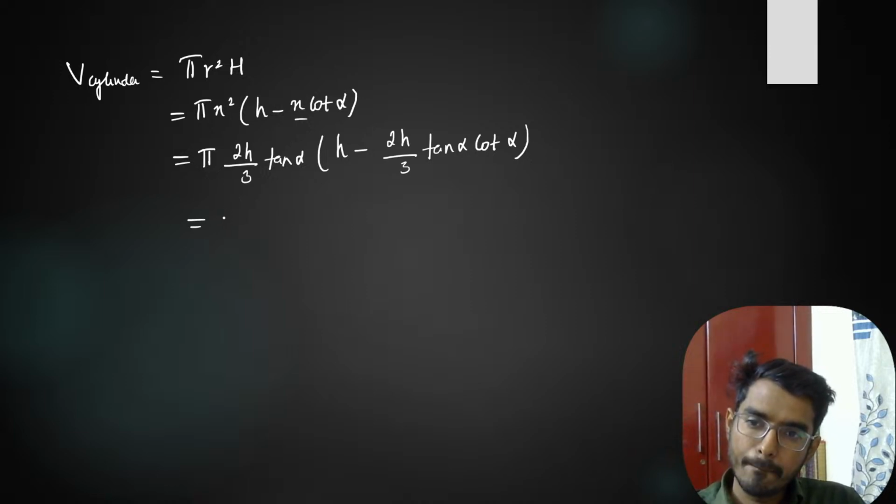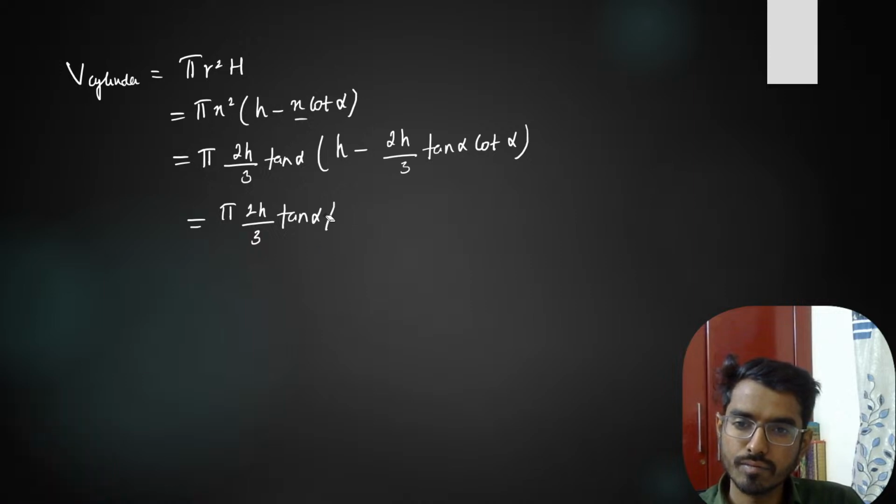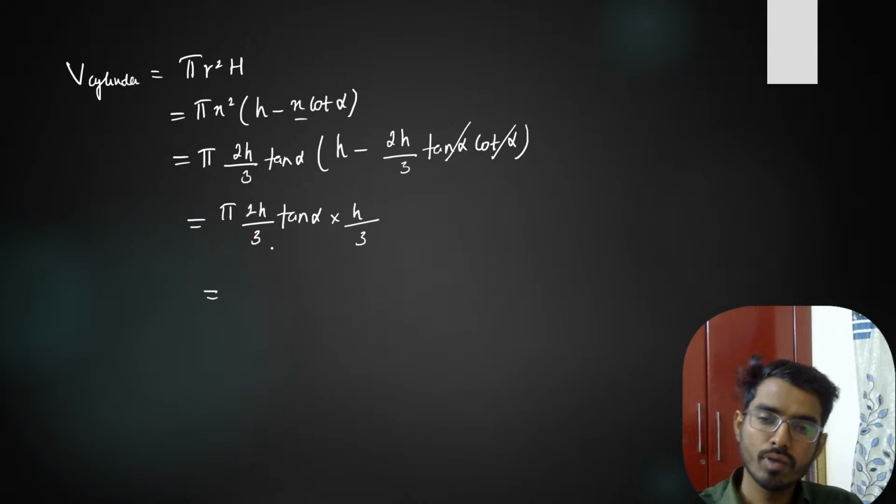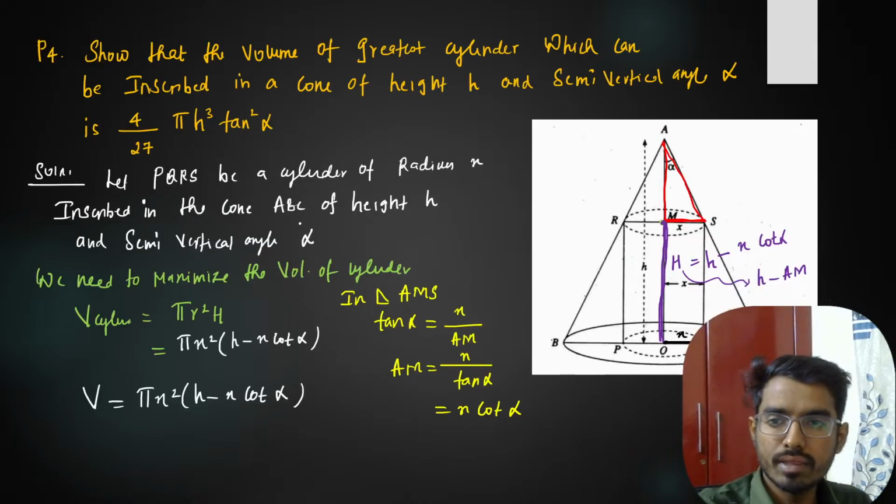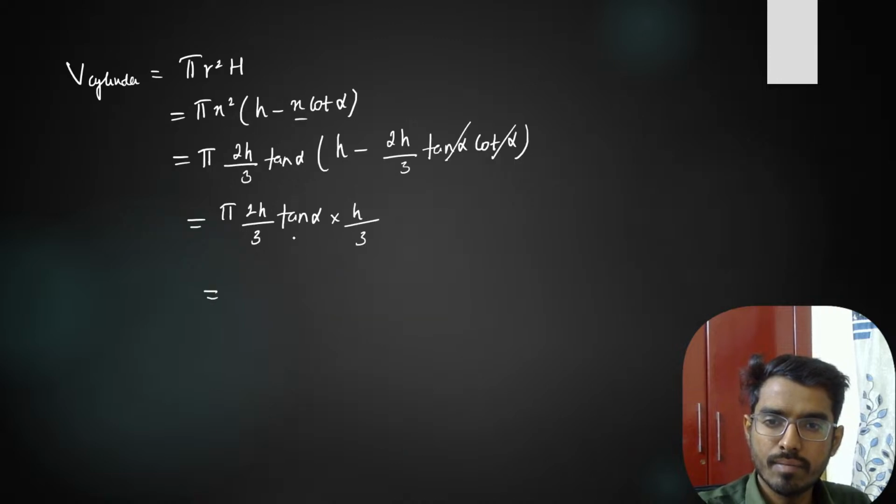So this will be pi times 2h by 3 tan alpha. These 2 will get cancelled, right? So this will be 3h minus 2h, which is h by 3. So I think we will get this, right?